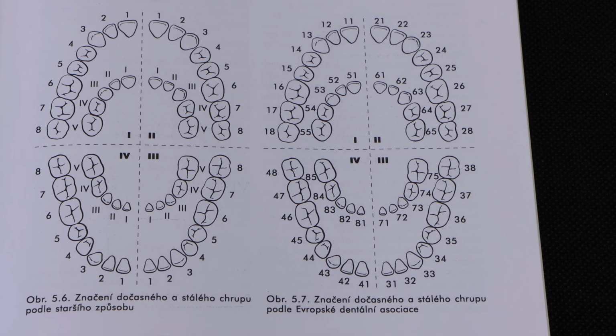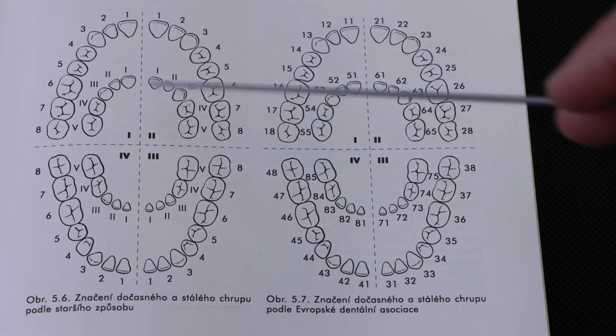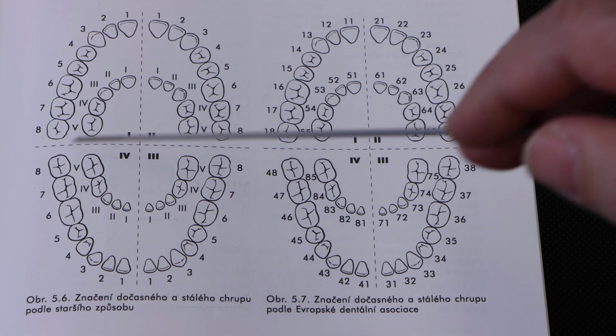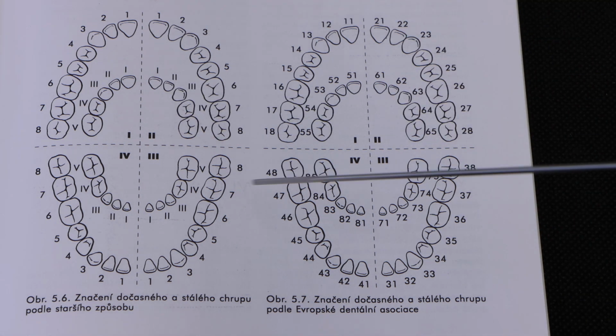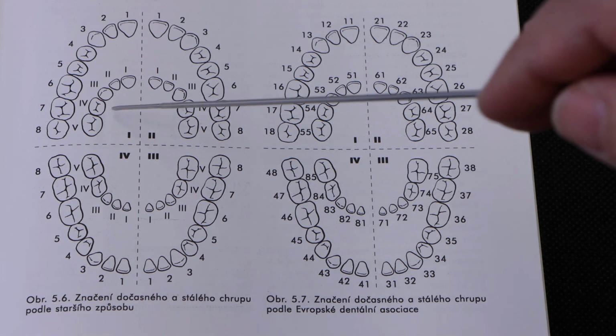For writing the tooth, we have different types. The most common form is the 2-digit system. It means that we divide the face of the patient into 4 quadrants.